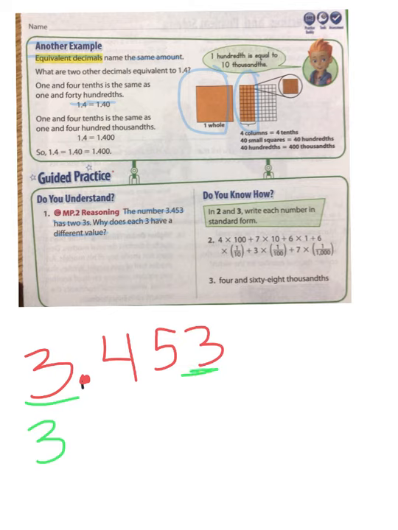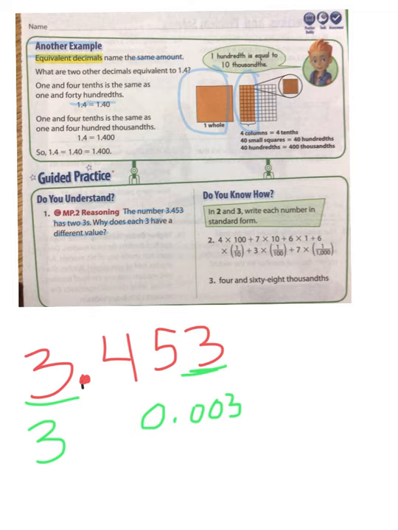But this 3 right here is worth 3 thousandths. So if I'm going to write 3 thousandths, I'm going to write 0.003. So they have different values because they are in a different place in the number.